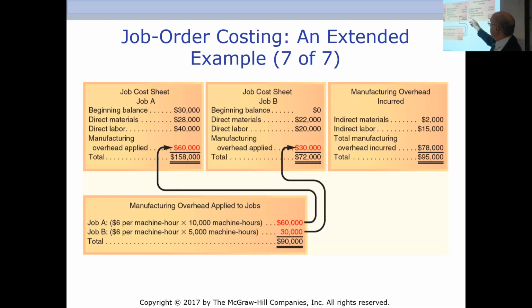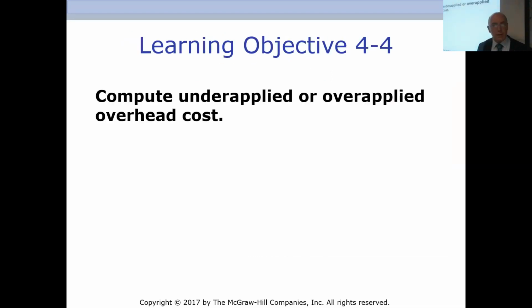So the total manufacturing overhead cost is 95. Overhead incurred 78. And then these other things are also manufacturing overhead. We have the 3 categories. And so where there's a difference, we're going to have to make an adjustment. But again, you have to go with the estimated because you don't know what the actual is until the end of the accounting period.